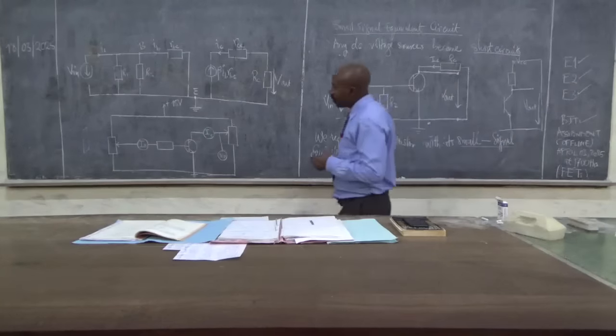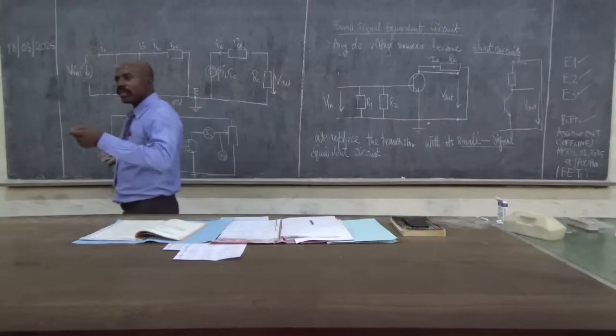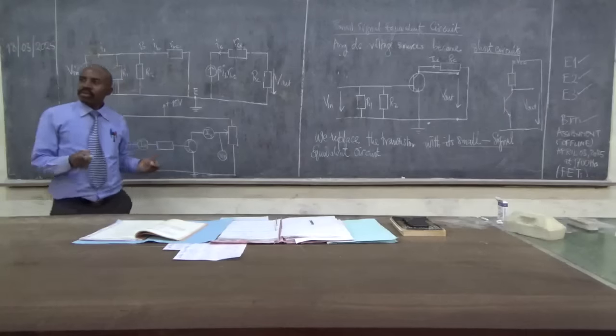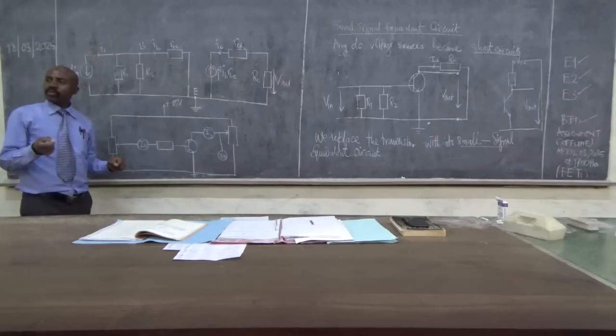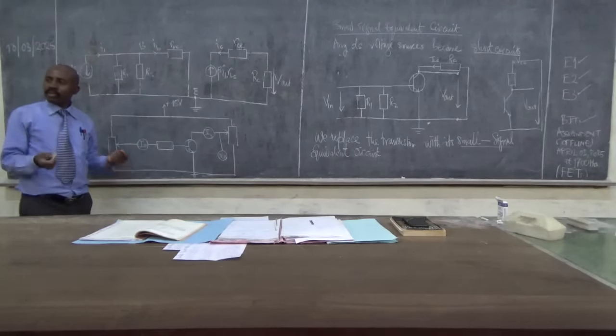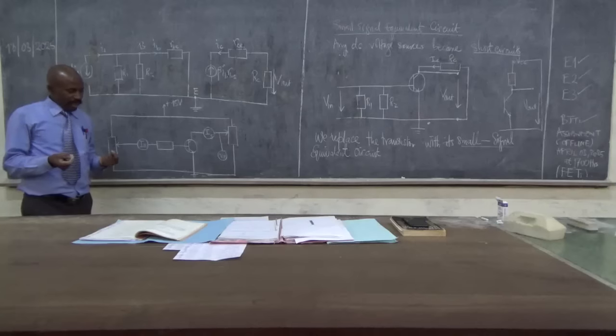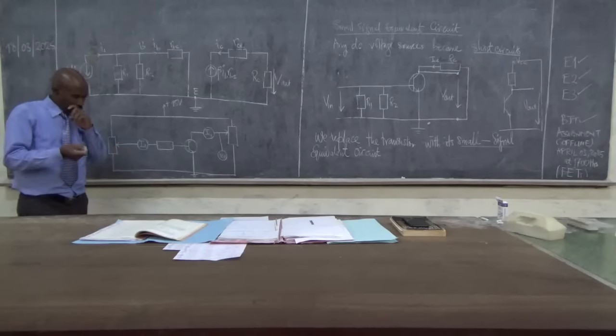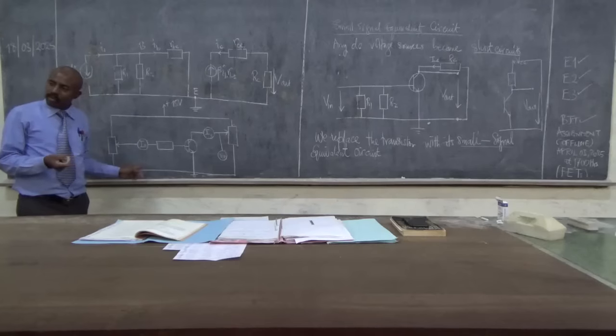Which experiment were you doing when you were supposed to keep IB constant? Same thing? 15. And then they were always confused, how do we keep it constant?